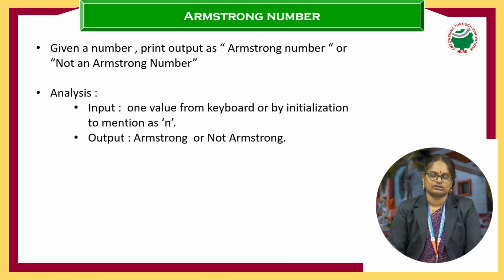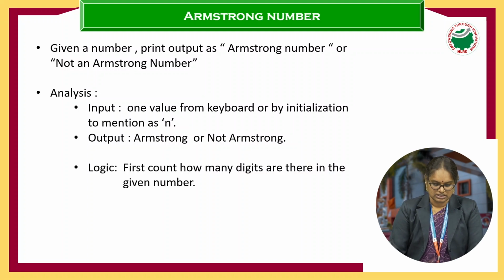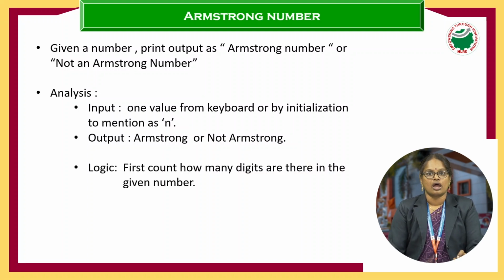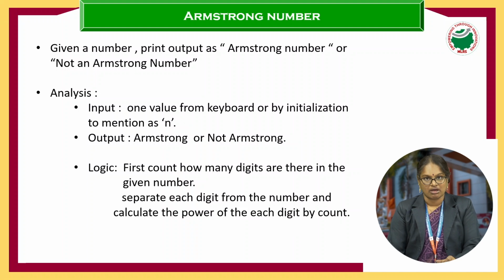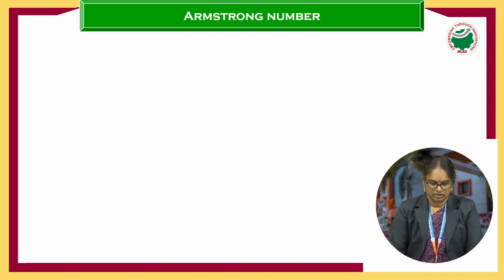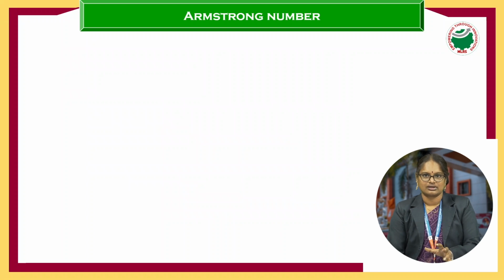My output is not any value, but it clearly tells whether the given number is Armstrong or not. The logic is, first we need to count how many digits are there in the given number. Then we have to separate each digit from the given number, do the power of that digit and add them to the next one. So it's looking a little tough and clumsy.